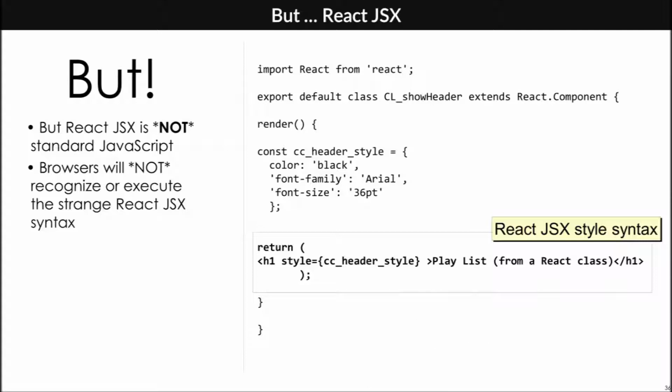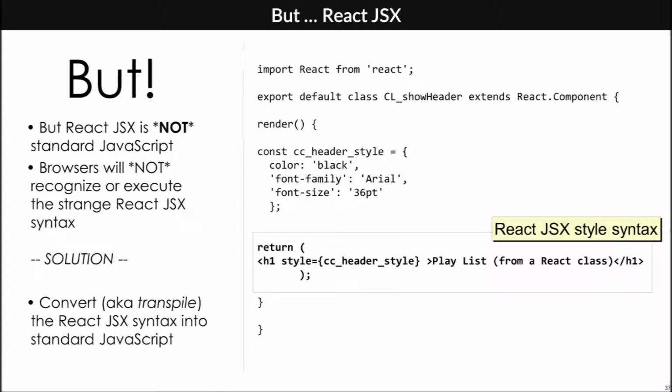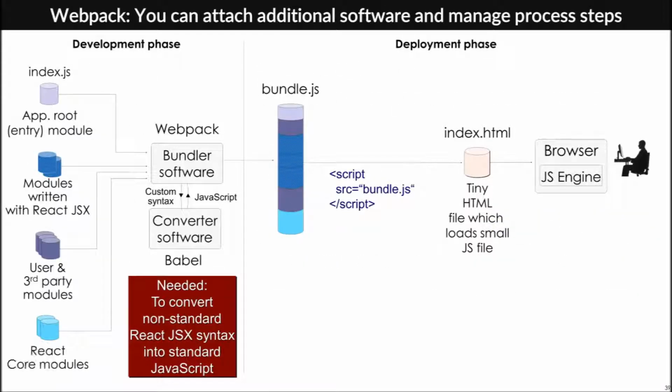So what's the solution? Well, the solution's fairly straightforward, isn't it? I need some converter to convert this non-standard React JSX style syntax into good old-fashioned JavaScript that my browser will understand. And this is where the conversion took place, here at the Webpack bundling stage.